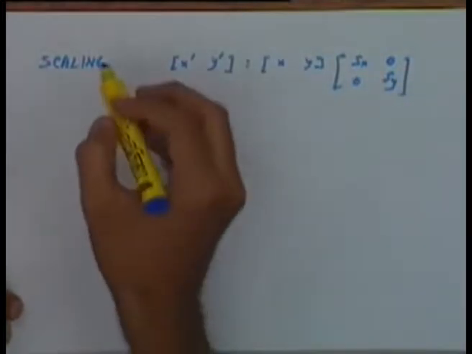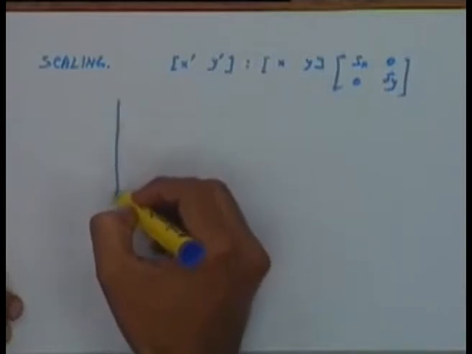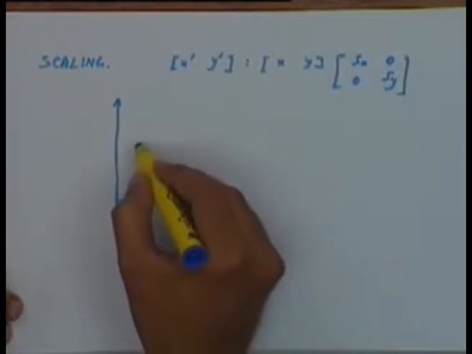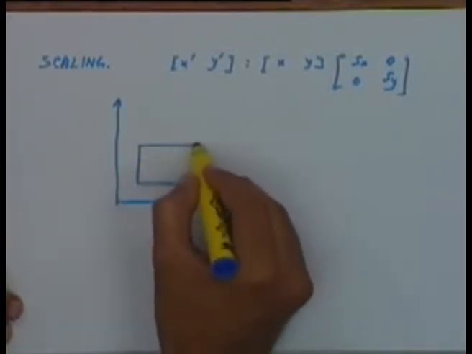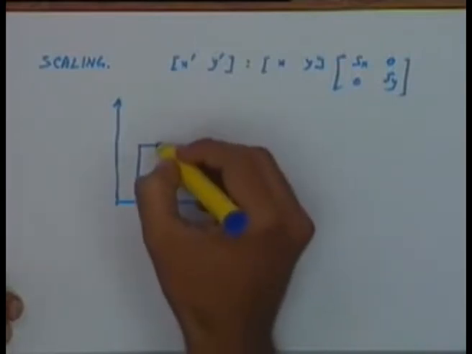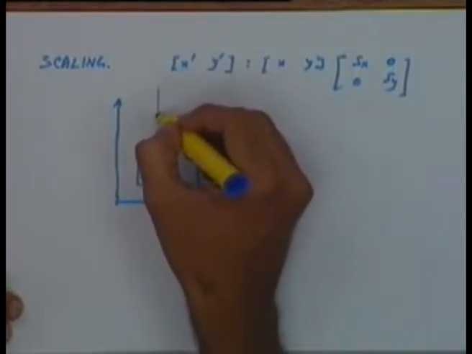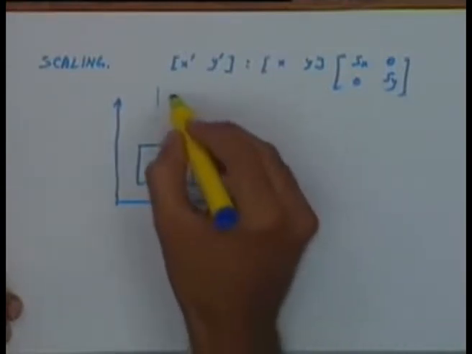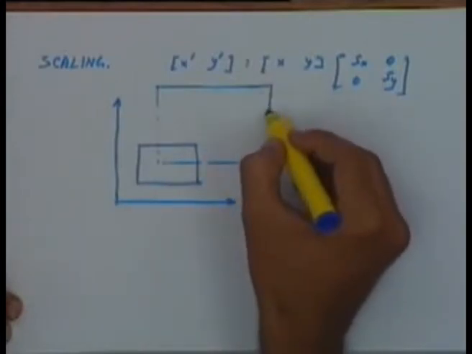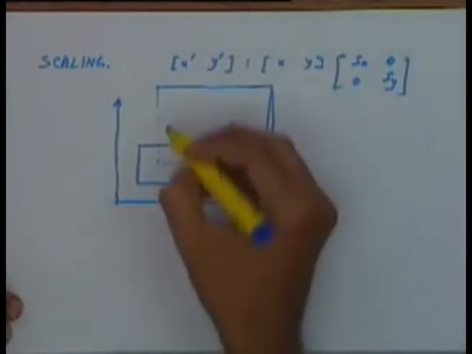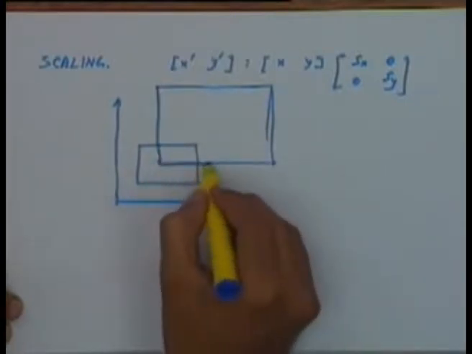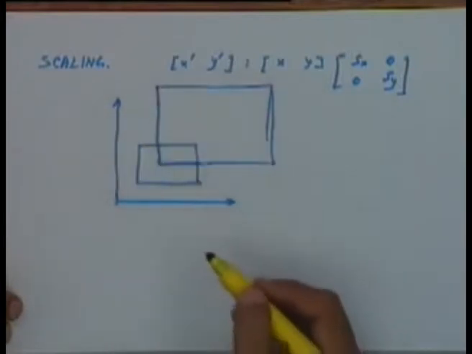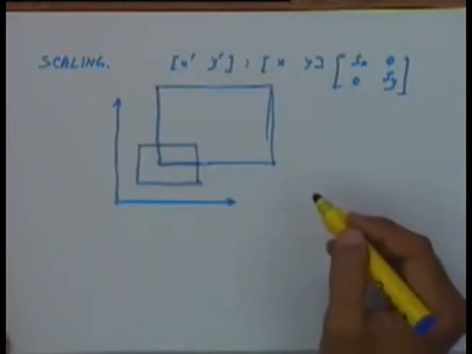This is the scaling operation. So, if we have a figure like this, and we scale it by a factor of 2, it will become something like this. All the x coordinates will get multiplied by 2, the y coordinates will also get multiplied by 2 of all the points. This is the scaling operation.